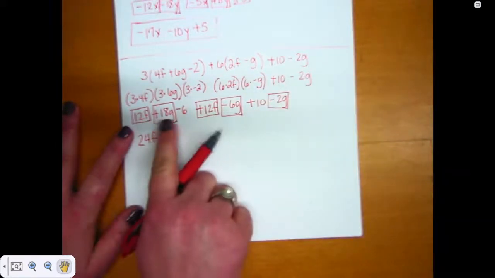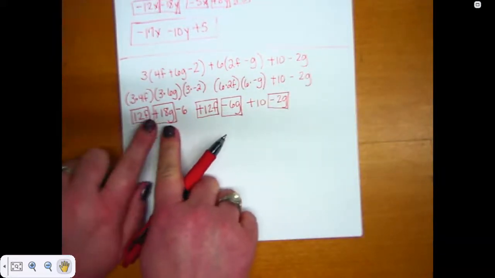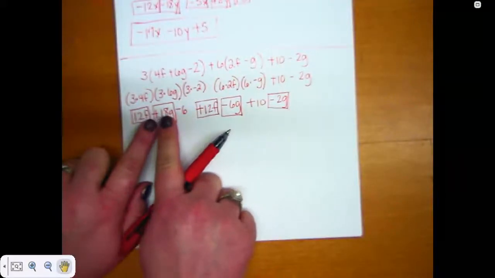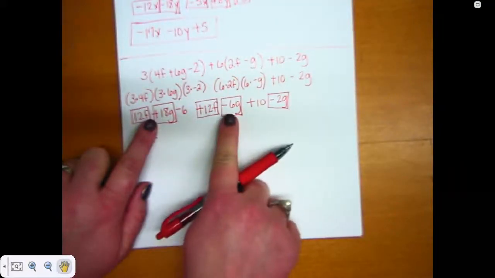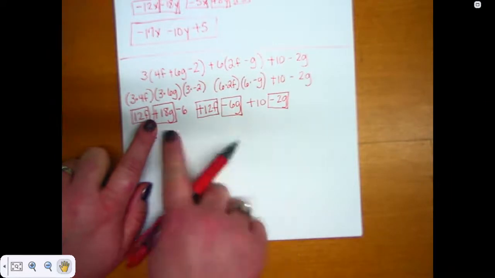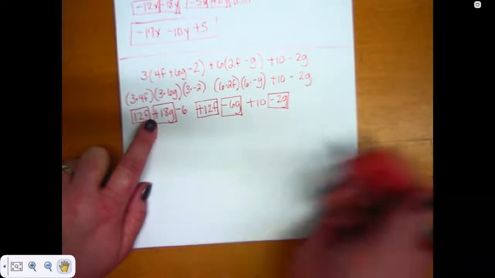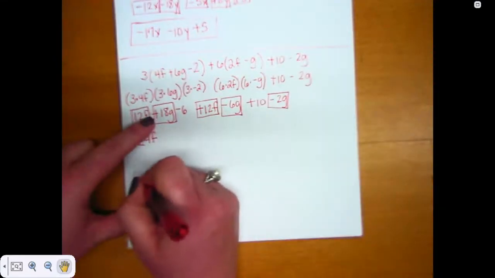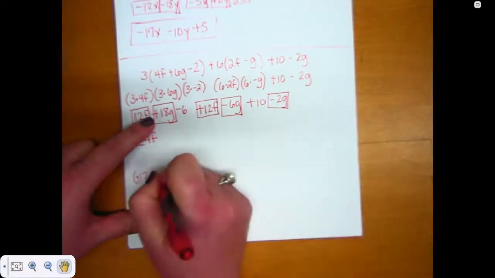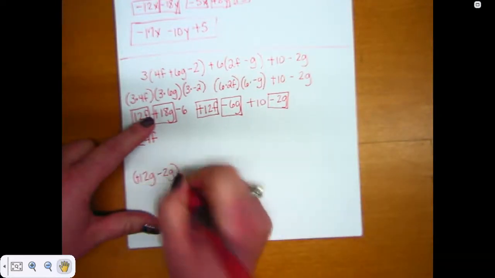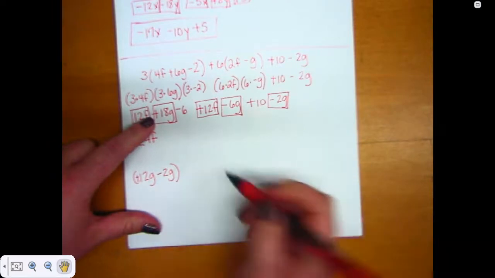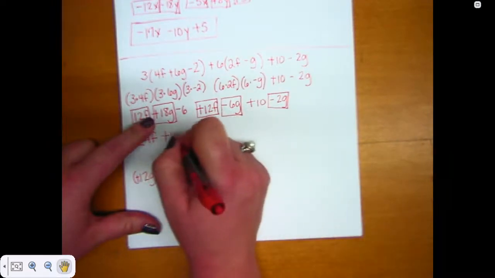So I'm going to look at my signs of the first two. They are different, so I'm going to subtract and I'm going to get positive 12g. And then I'm going to do it down here just to illustrate for you. Positive 12g minus 2g. Signs are different, so I'm going to subtract, and I'm going to get positive 10g.